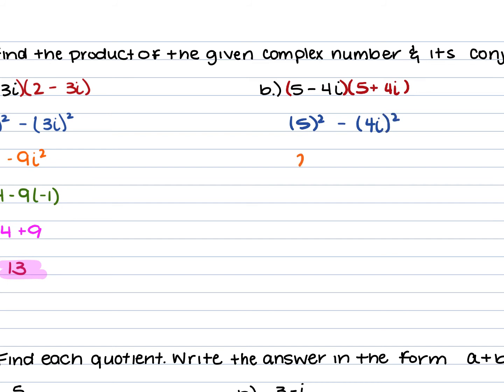The 5 squared is 25. The 4i raised to the second power is 16i squared. i squared is negative 1, so it's 25 minus 16 times negative 1, which is going to give us 25 plus 16, which is 41.